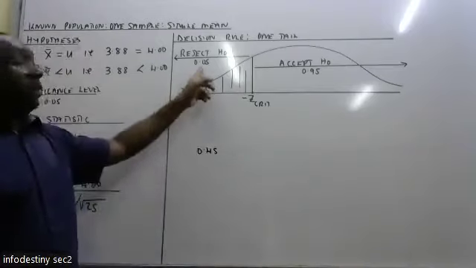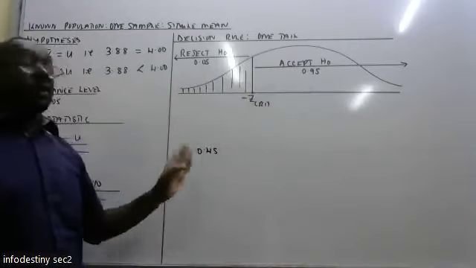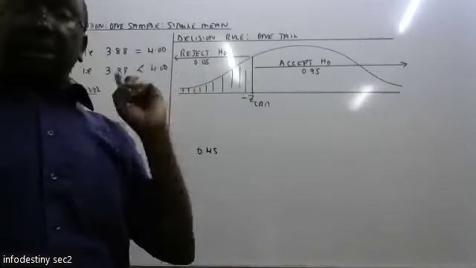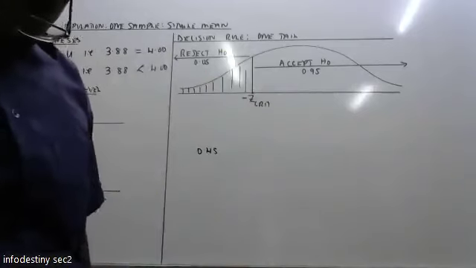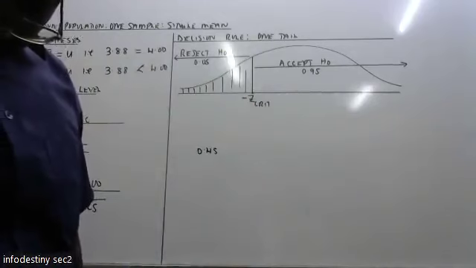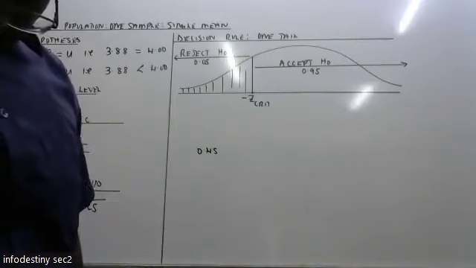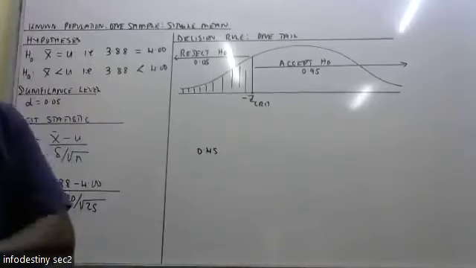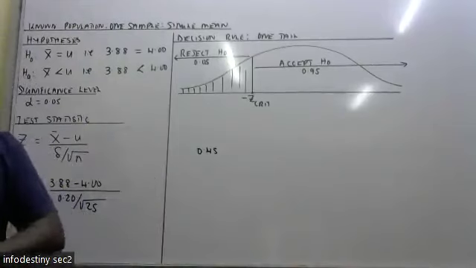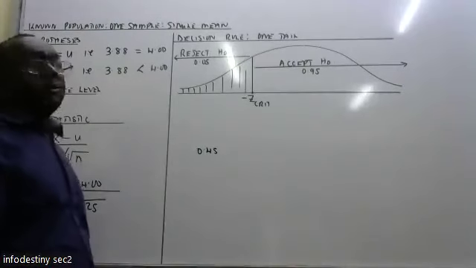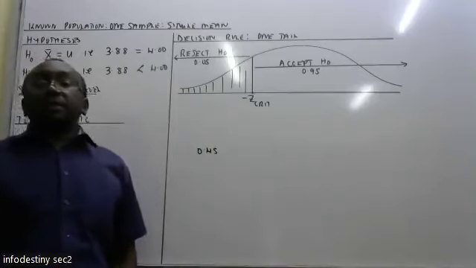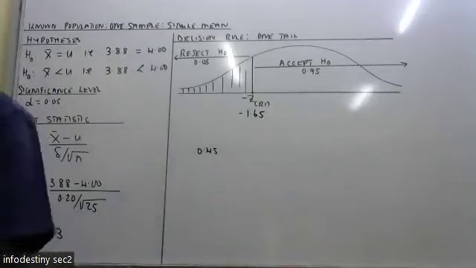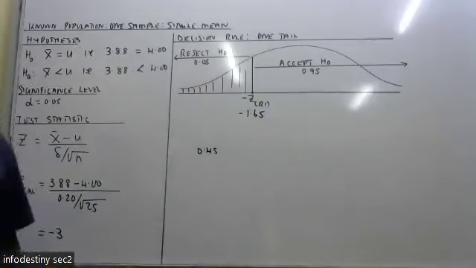This is 0.05, and remember from the middle to here is 0.5, so you look for 0.45. Once you see it, read for me the value in the row and the value in the column. Zero point one, 1.6. Yes, 1.65.